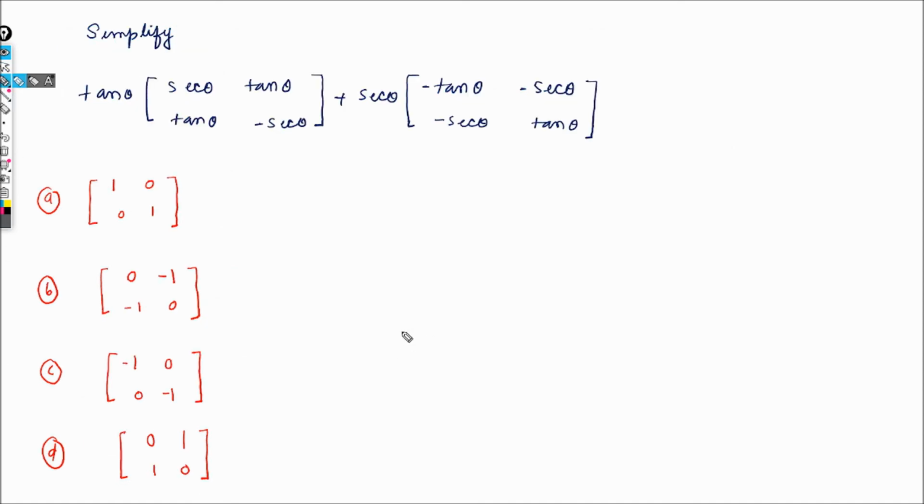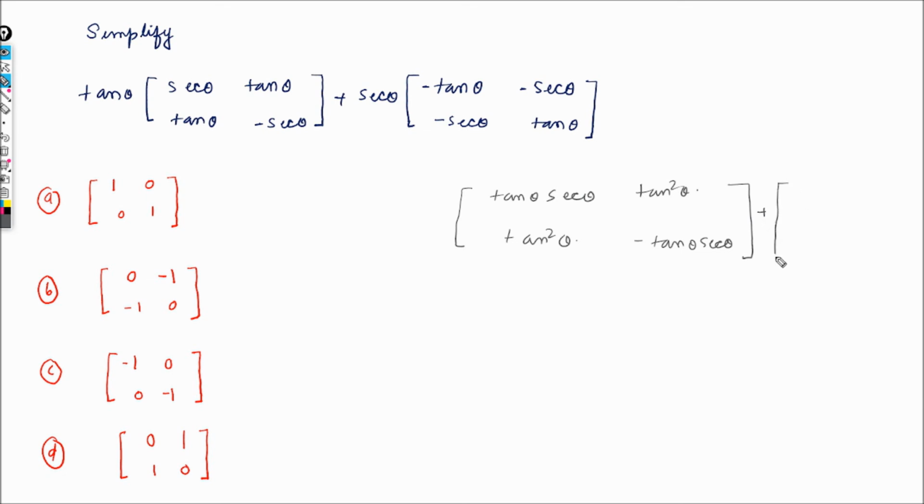So let us simplify this by multiplying this matrix. tan theta sec theta, tan square theta, tan square theta minus tan theta sec theta.